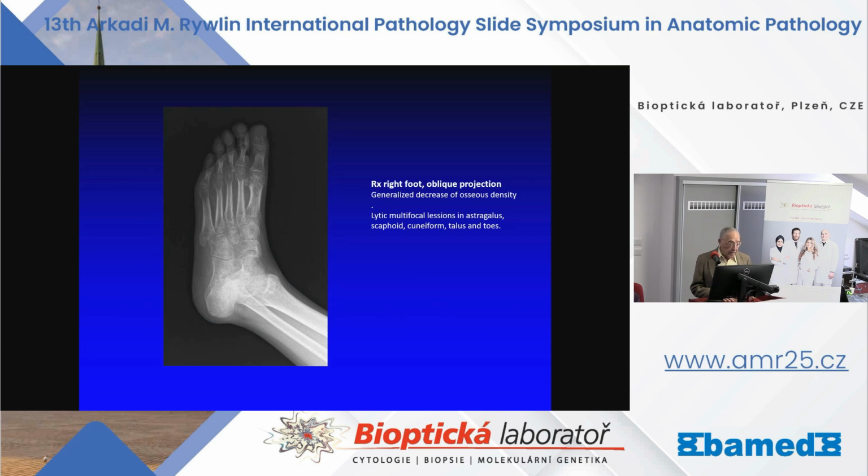And in this oblique projection of the right foot, there was a generalized decrease in bone density, as you can see here, and the lesion involved several bones of the foot, including the tarsal bones and the phalanges.